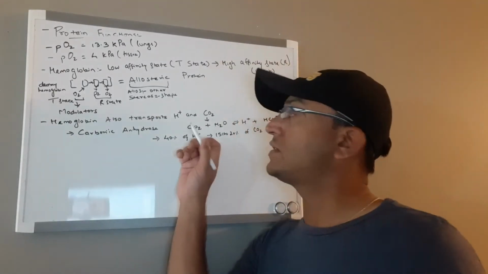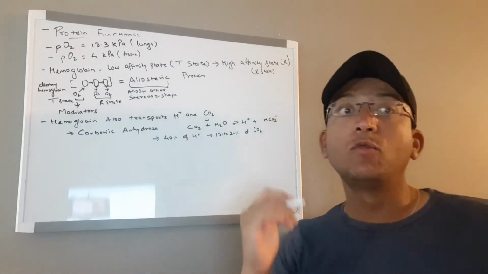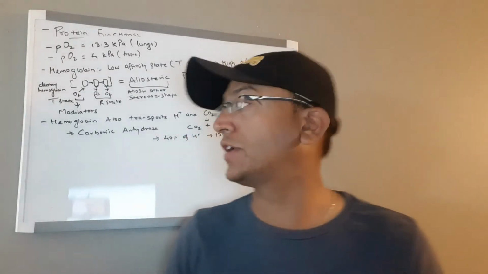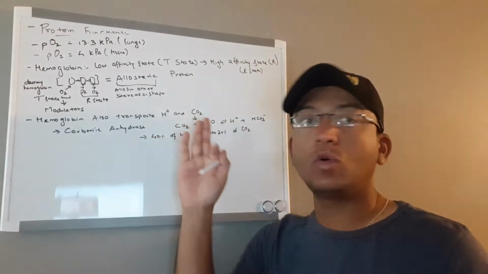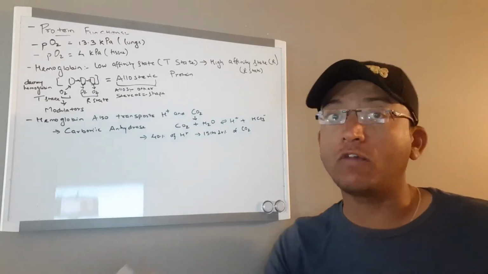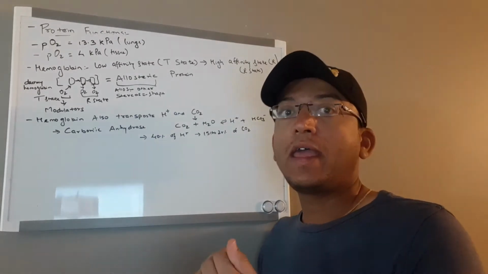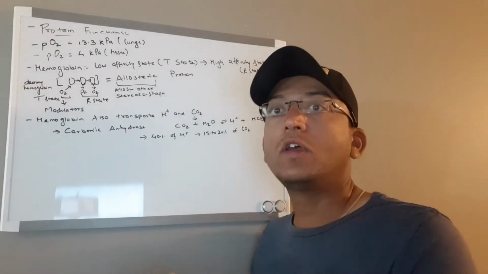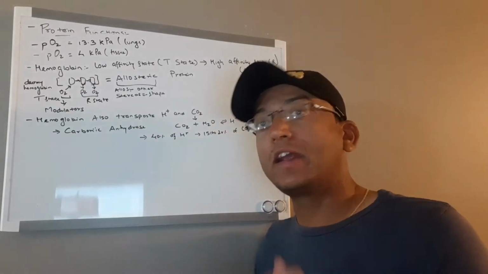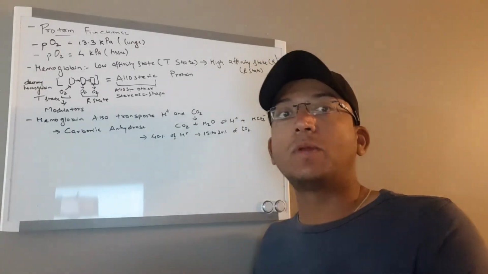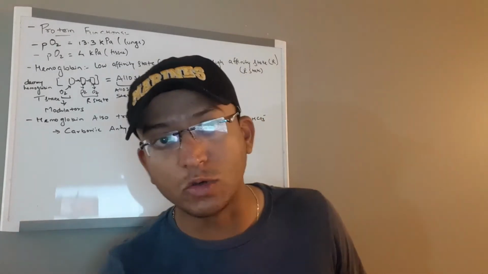The binding of H plus, that is protons, and carbon dioxide is inversely related to the binding of oxygen. That is important. So at the relatively low pH and high concentration of CO2 in the peripheral tissues, the affinity of hemoglobin for oxygen decreases as H plus and CO2 are bound and O2 is released into the tissues.